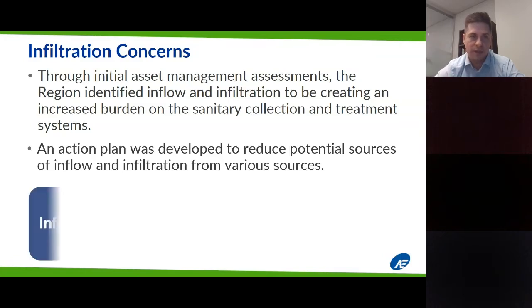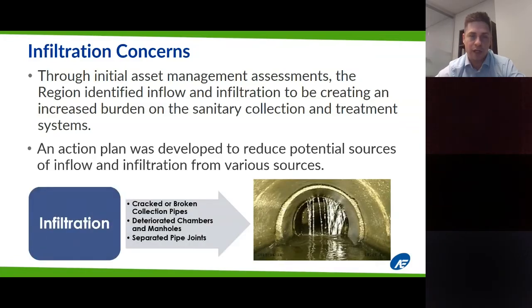But some other areas where they were seeing a lot of water ingress into the system was due to infiltration through cracked or broken pipes, deteriorated chambers and manholes, and separated pipe joints in the collection system.